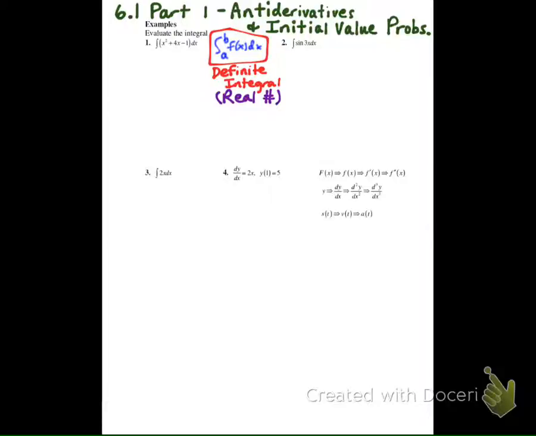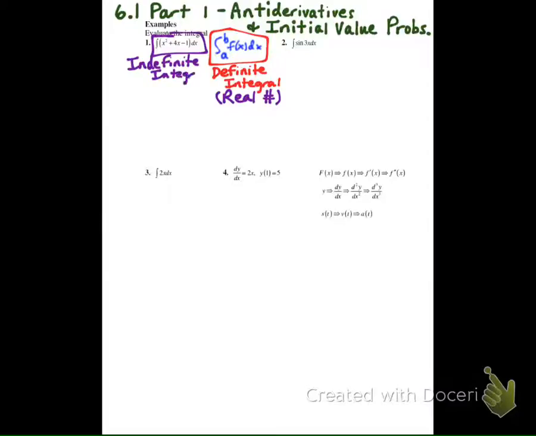Now, what you see here is that we don't have limits of integration. We're missing these limits of integration here, and that's not a mistake. What we call this, I guess I can put a box around this, is an indefinite integral.